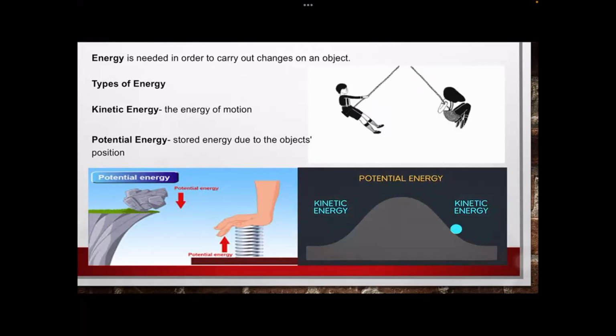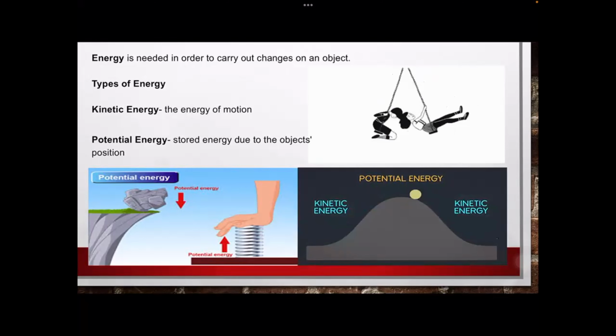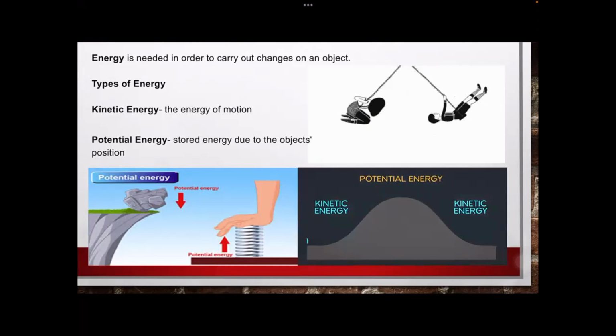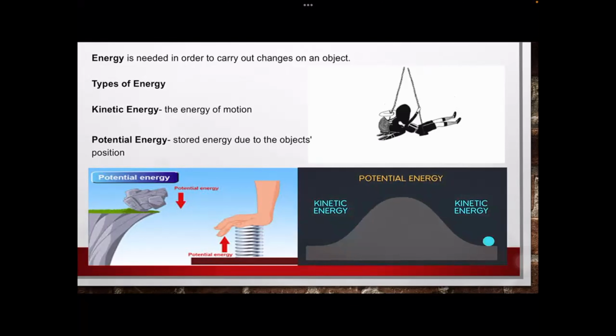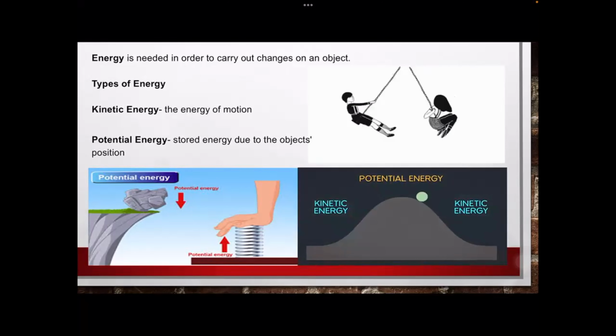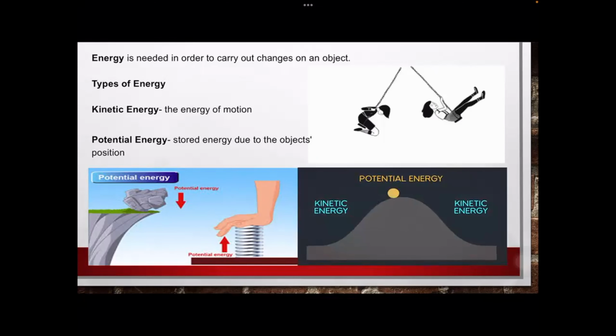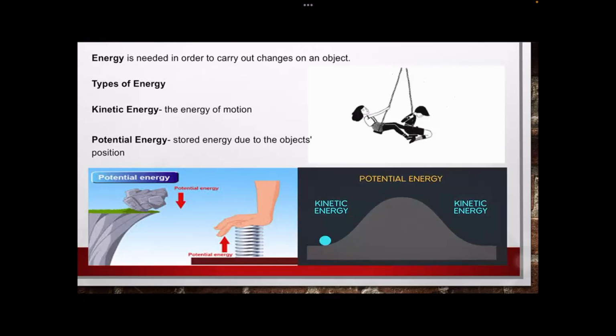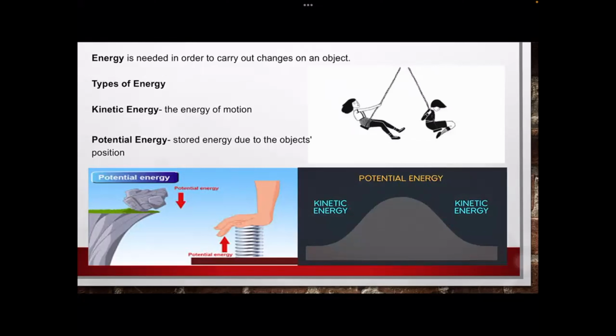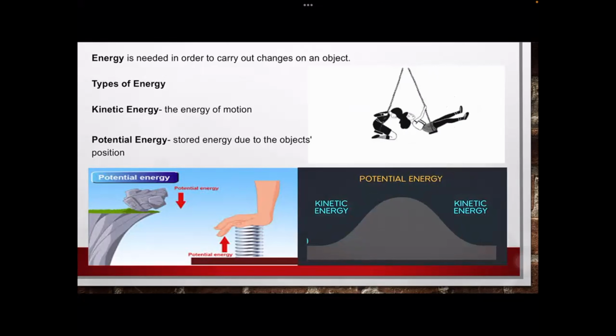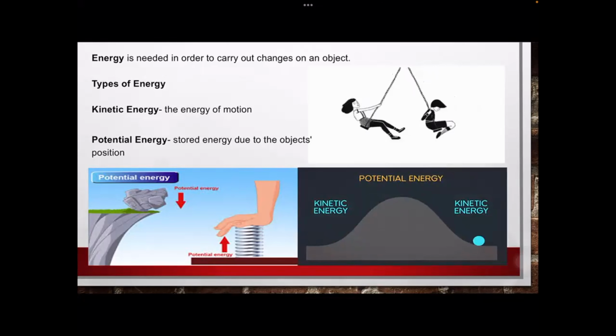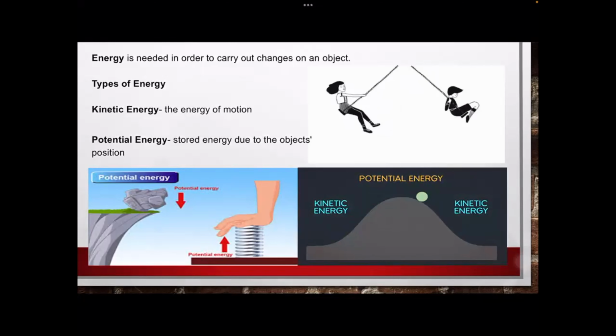Example natin dito yung bola rolling upward and downward a hill. Kinetic is yung bola going upward. Tapos pagdating doon sa taas, let's consider it as potential energy kasi tumitigil siya. Then going downward is also considered kinetic energy. So you have to remember that kinetic is moving while potential is not moving.